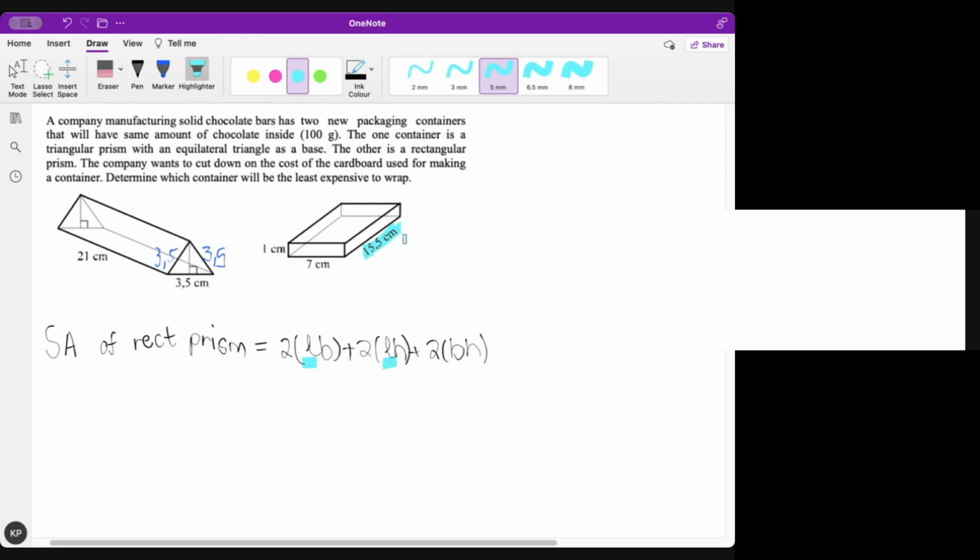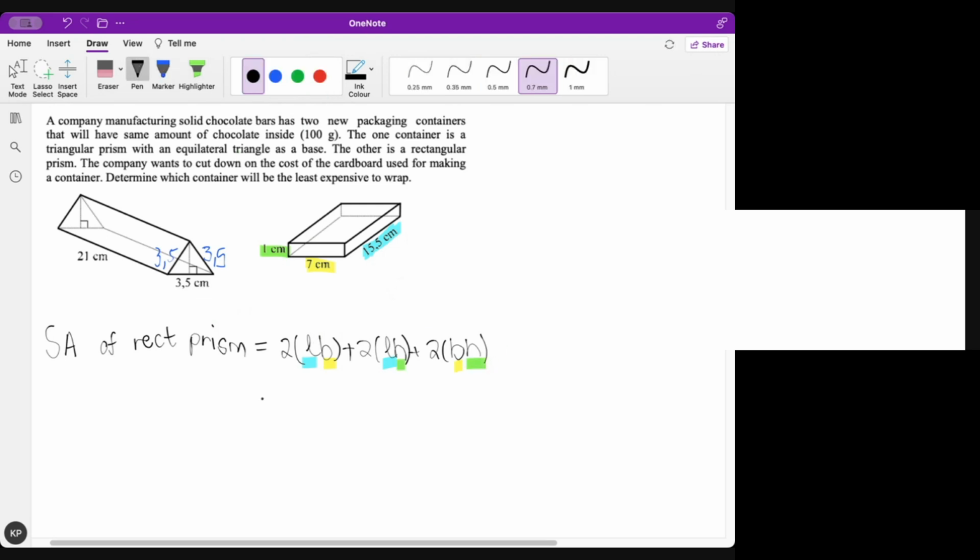You can just write L equals. And my breadth is 7. So that's going to go there and over there. And finally, my height is equal to 1. So that's going to go there and there.